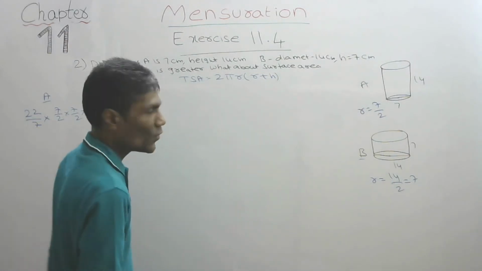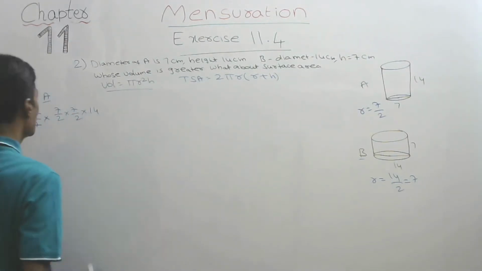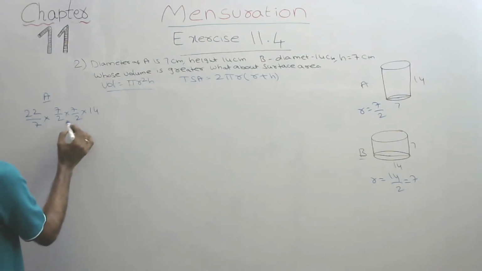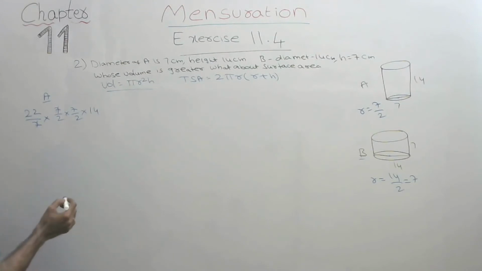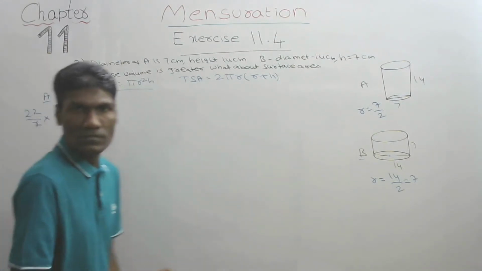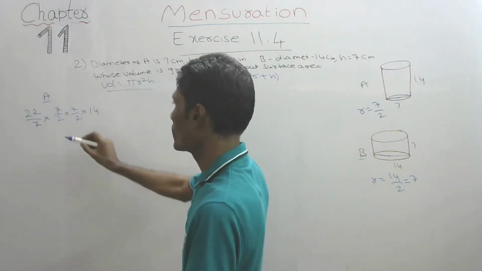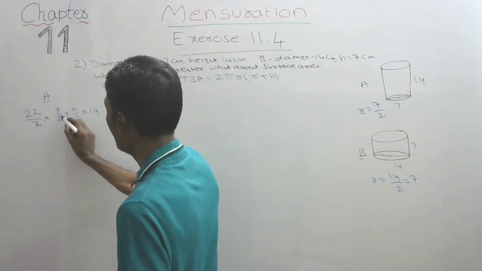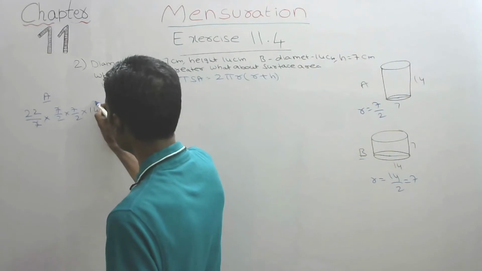H is 14. Now let us do cancellation. 7 ones are 7, 7 ones are 7, cancel. 7 7 cancel. Now here 2 ones are 2, 2 sevens are 14.